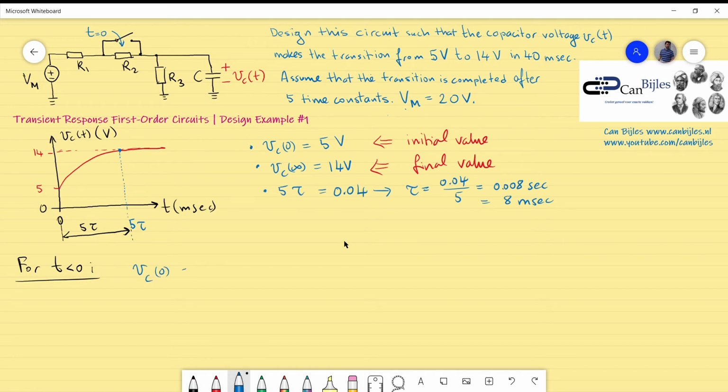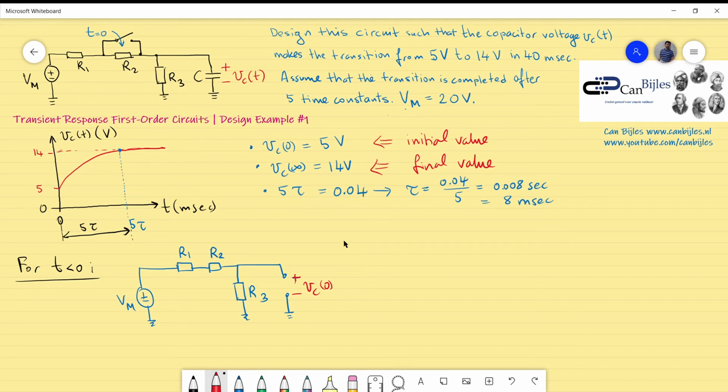Let me draw the circuit again, that will help to clarify the situation. So we have VM, R1 in series with R2, and there is resistor R3 going to ground, and we model, as we discussed earlier, the capacitor voltage as the open circuit voltage, or the capacitor is modeled as an open connection.